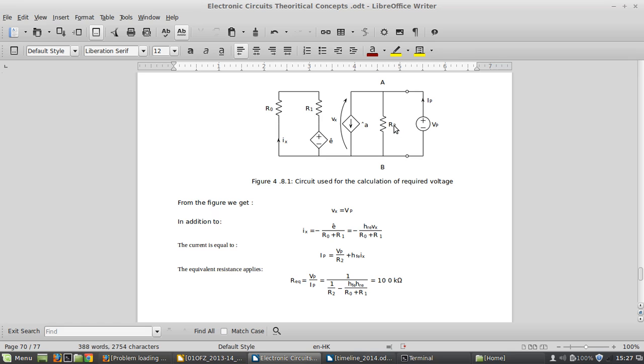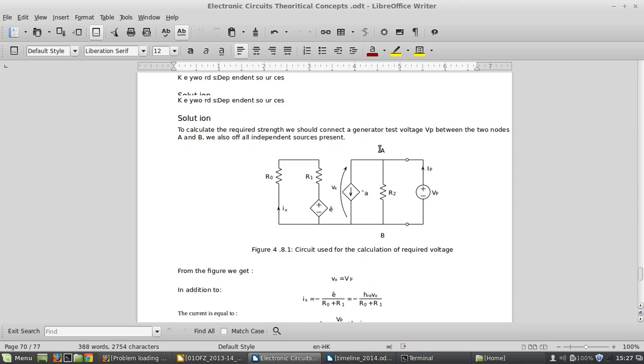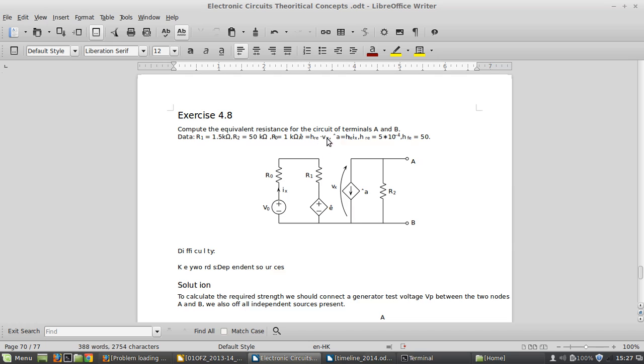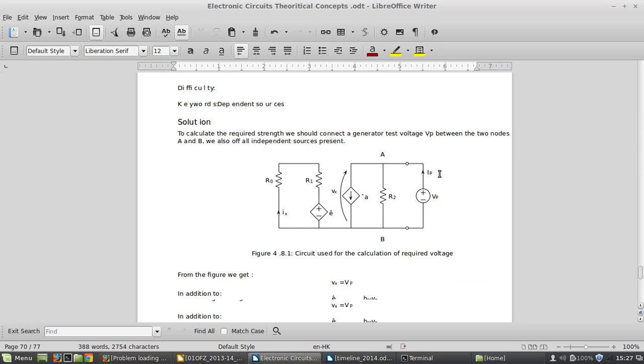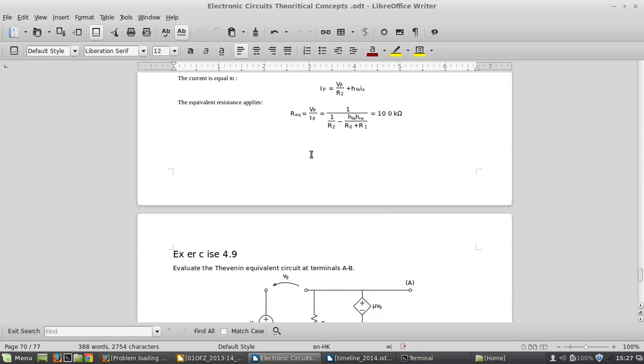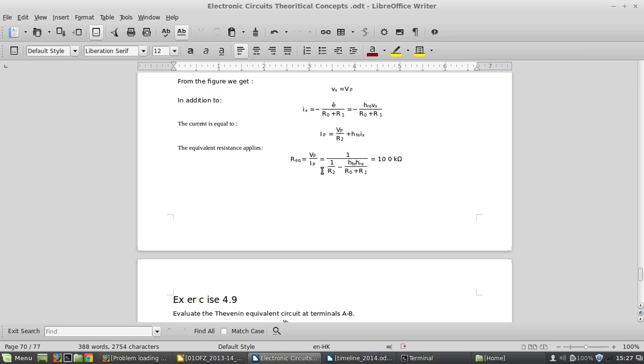And from the point of view of Millman, you can also immediately see that this particular voltage will be equal to this voltage, and in addition Ix will be equal to minus E times, because I have just turned off the independent voltage source here, since it has no contribution to these two dependent sources.